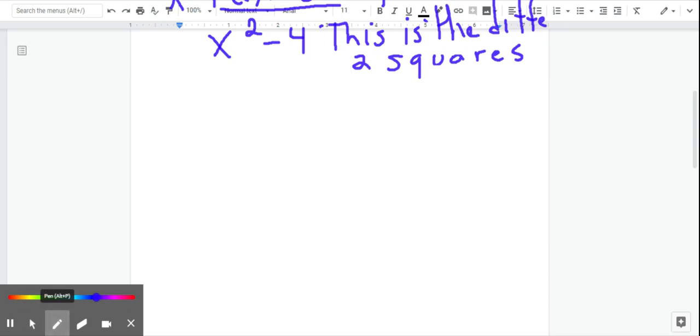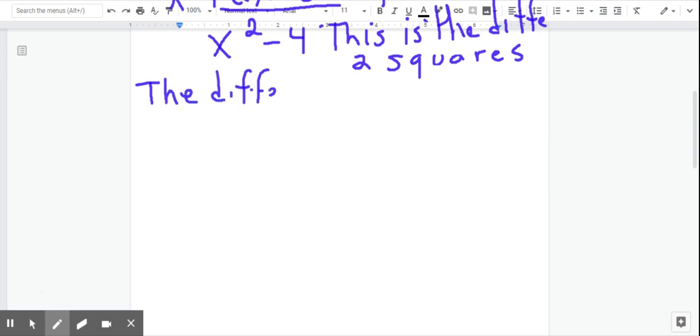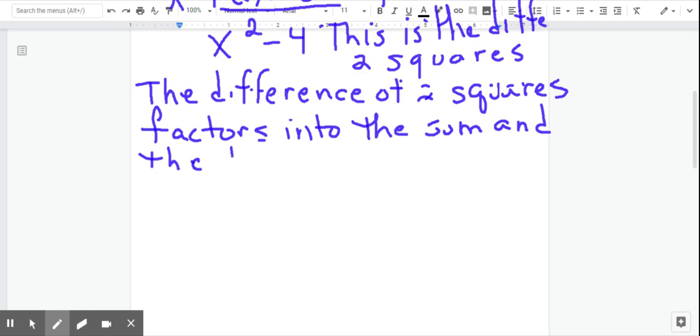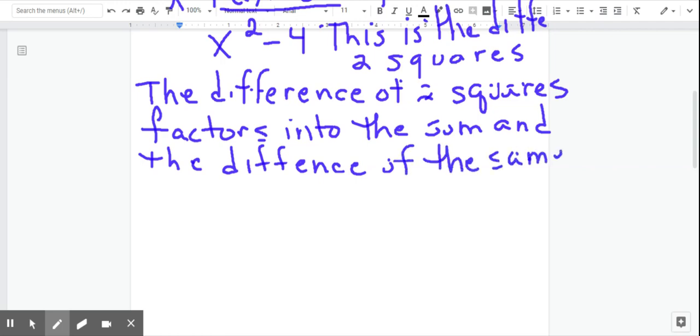So the difference of two squares factors into the sum and the difference of the same two terms. So it's like working backwards.